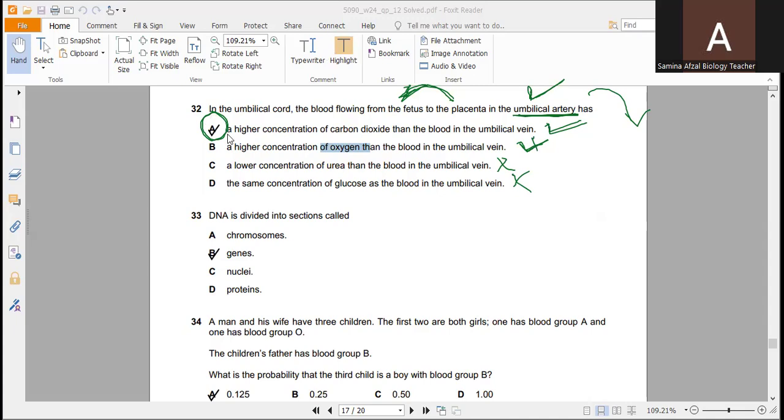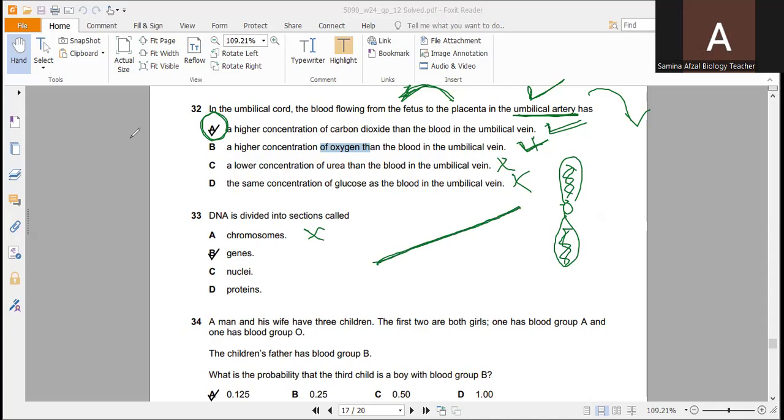And the next question is: DNA is divided into sections called chromosomes. Chromosomes have DNA inside, so DNA is not divided into sections called chromosomes.